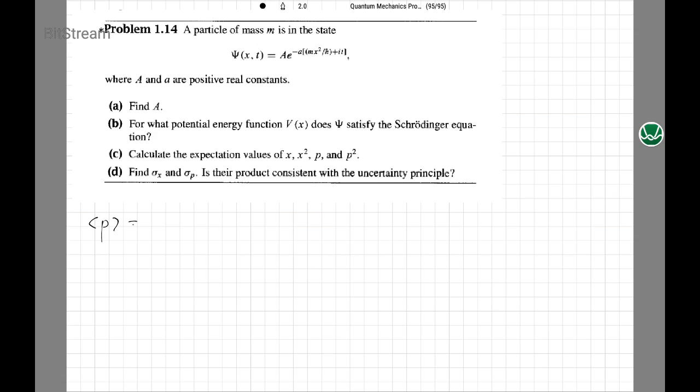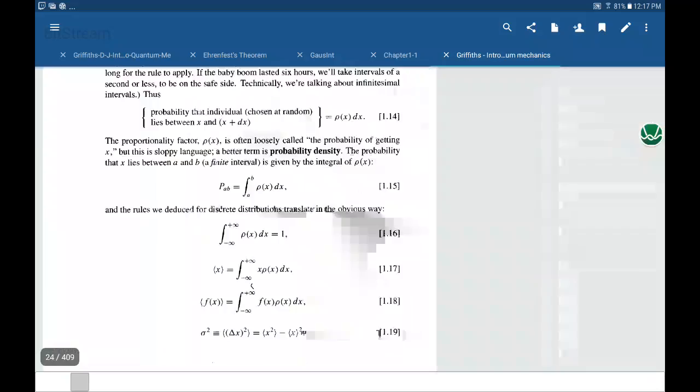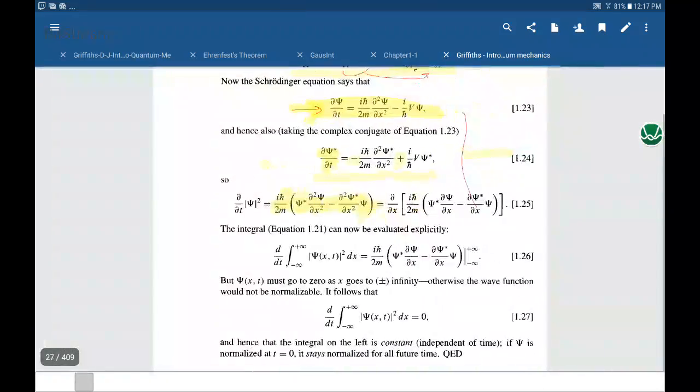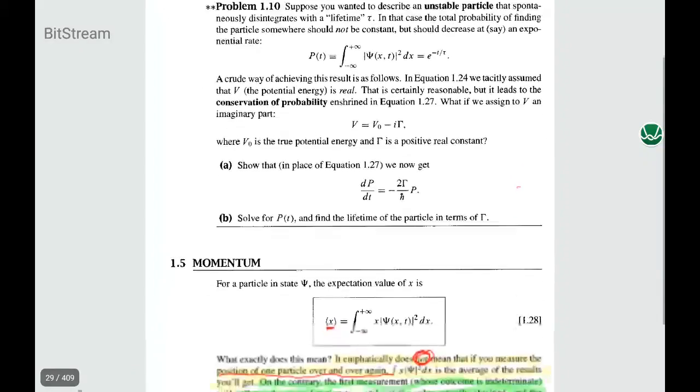The first part is going to be trivial. So this guy is going to be h bar over i. So our momentum operator is h bar over i del x. That is the result that we got in our section about momentum.